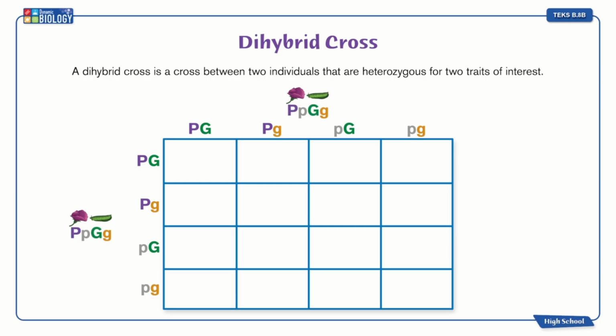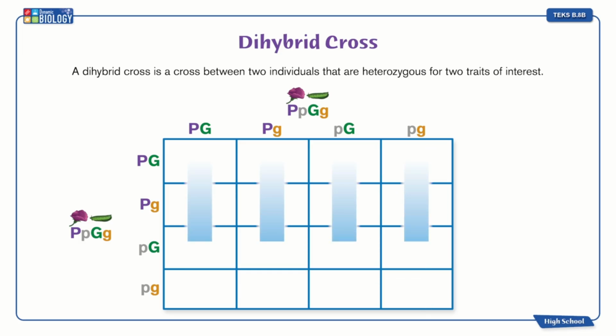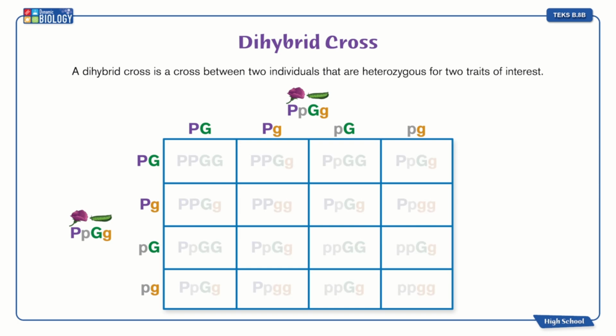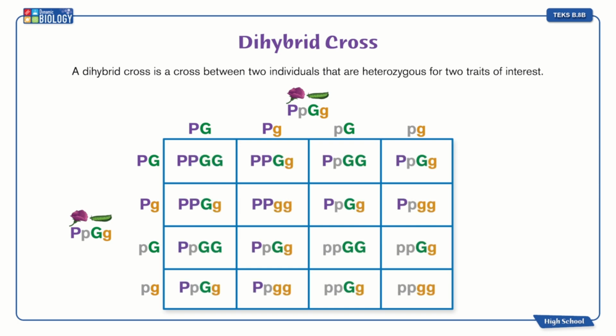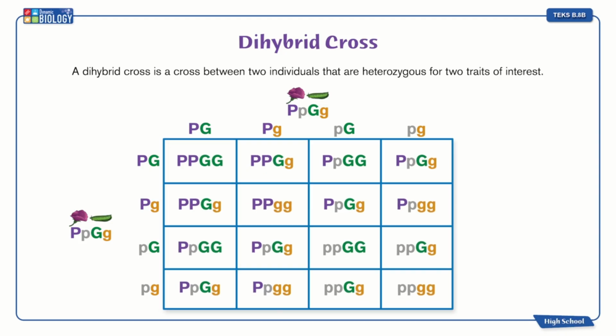That sets up our Punnett square. Now, copy each allele combination into the cells of its row or column. The Punnett square is complete. These are the genotype possibilities for an offspring produced by this dihybrid cross.